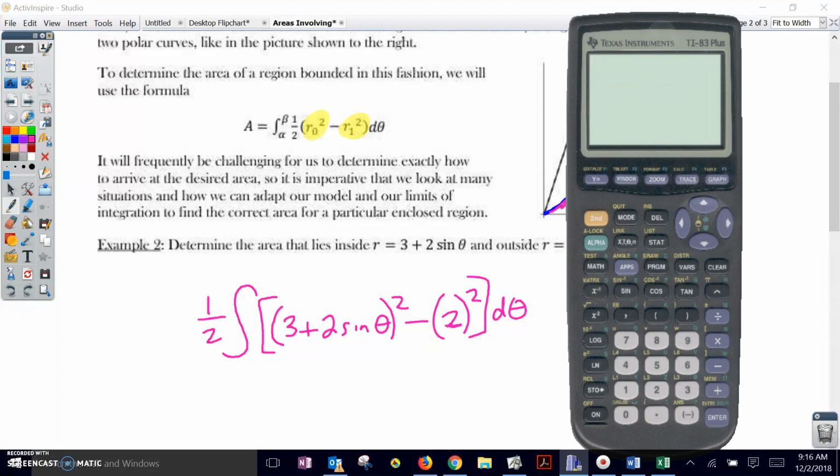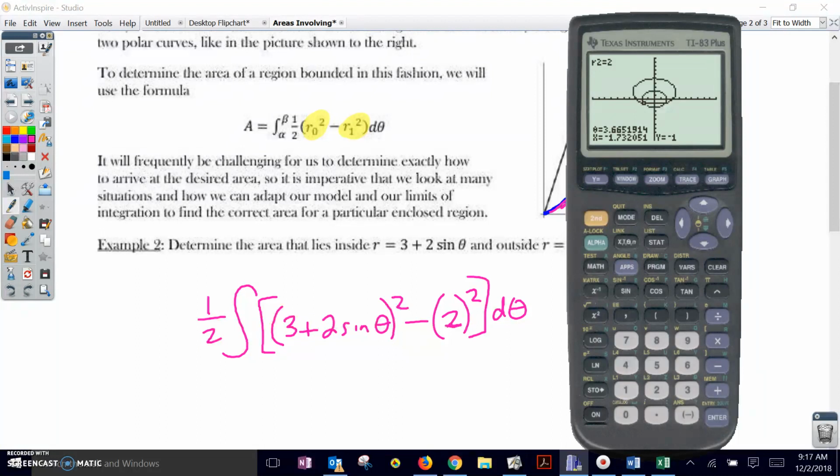Alright, so if I look back at the graph of these, now I need to figure out, by tracing the curves, where the intersection point of these is. And I can't go backwards, so I'm going to find the upper limit first, which occurs over here where these two curves intersect, which is right there at 3.665194.